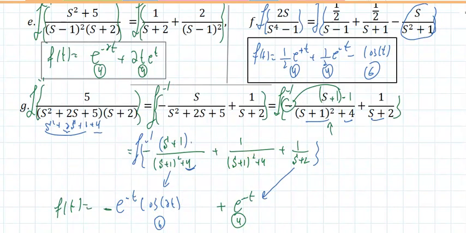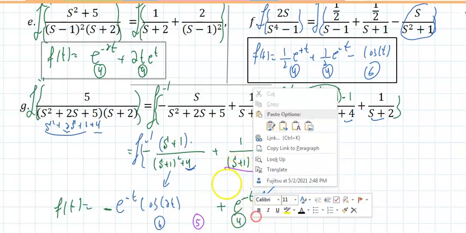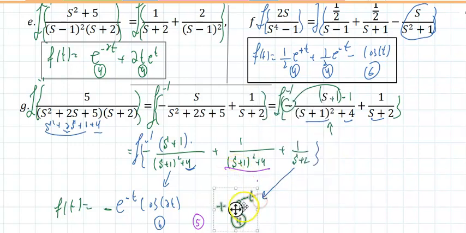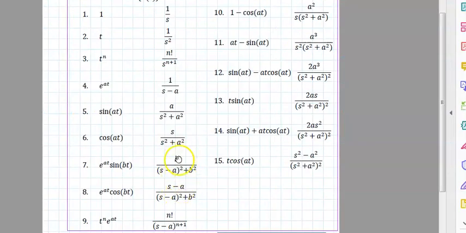Now, when I look at this piece, it seems to match 5. And if I look at 5 clearly, I'll notice that the top, there's a small switch to the top. If I look at this one that doesn't have an s, well, s minus 1, I see that a is right there, e to the a.